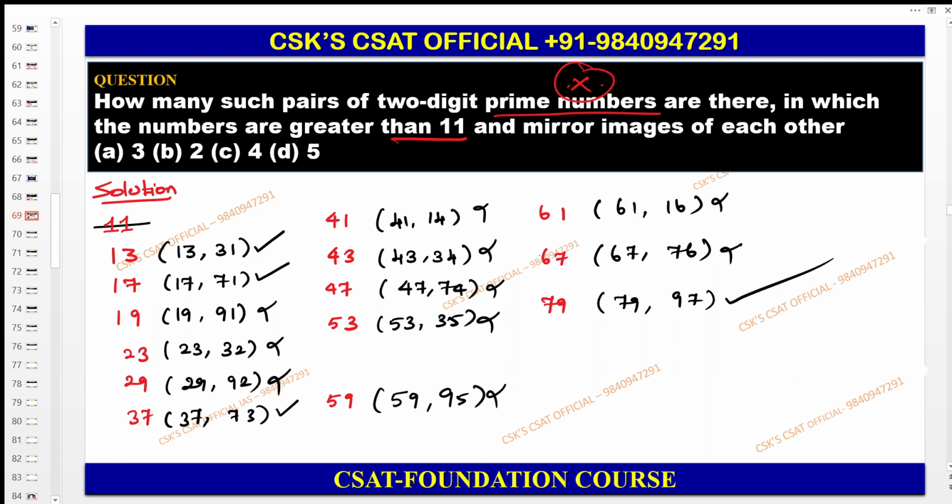And why not 91? 91 is not a prime number. Understanding?